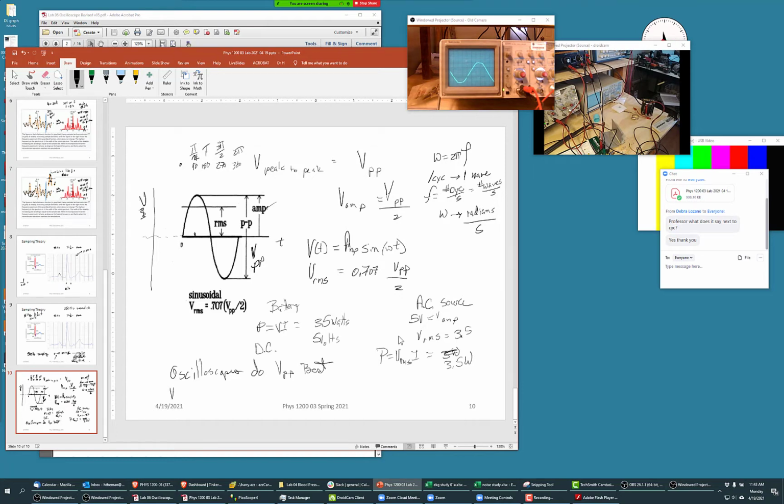And voltmeters, they measure VRMS. And in fact, voltmeters might be limited too. They might be frequency limited.